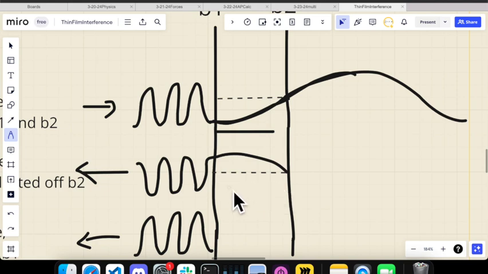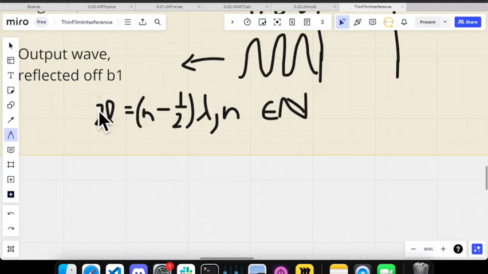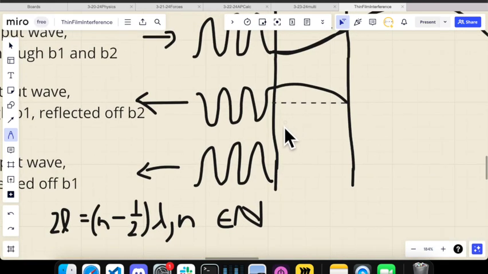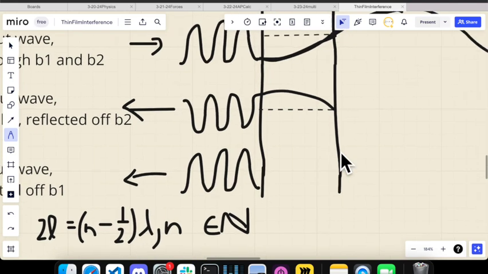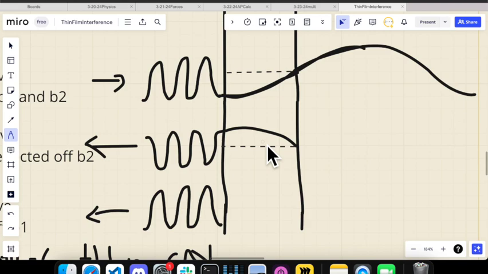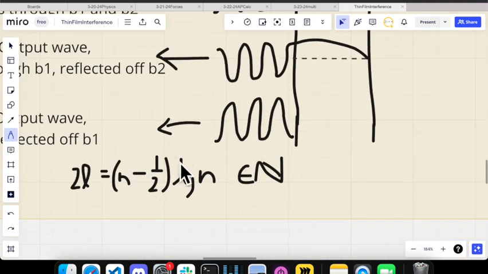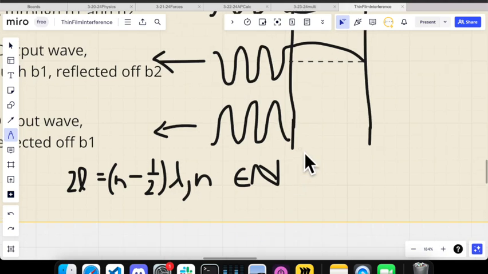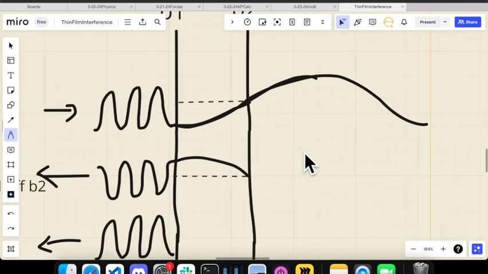And so writing that as a formula, the total path length going right and left, so twice the distance L, we want that to be half of a wavelength. And it doesn't matter, it could be some multiple. So we could get a multiple of the wavelength, and that would do the job, as long as it ends up coming back to this peak.